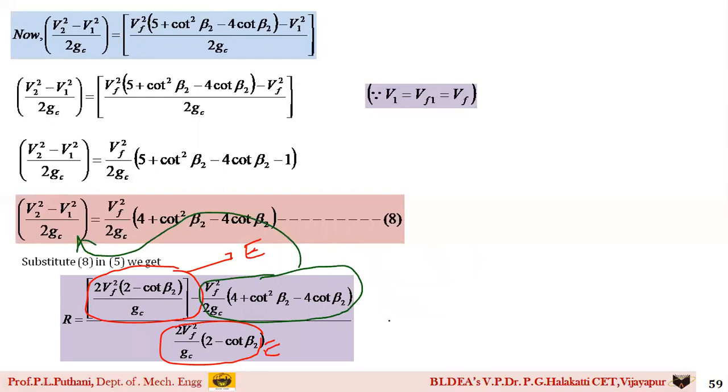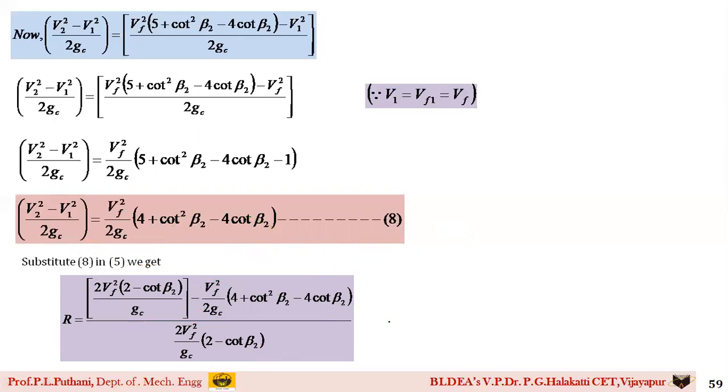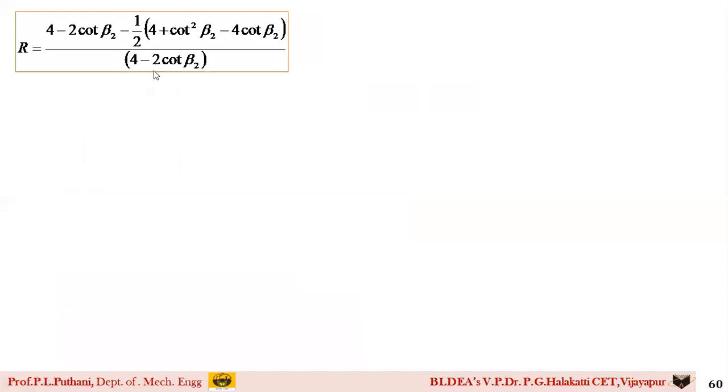Okay, this is our equation. Now the simplification part. What you can see carefully is that vf square and 1 by gc are common in both numerator and denominator, so they get cancelled. Then our remaining equation is 4 minus 2 cot beta 2, minus 1 by 2 into 4 plus cot square beta 2 minus 4 cot beta 2.